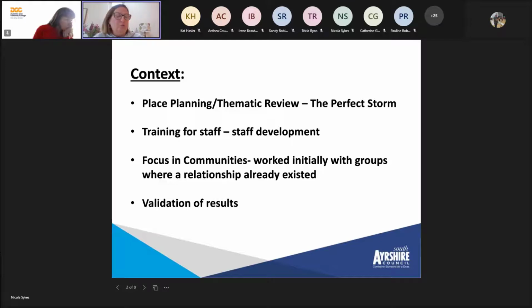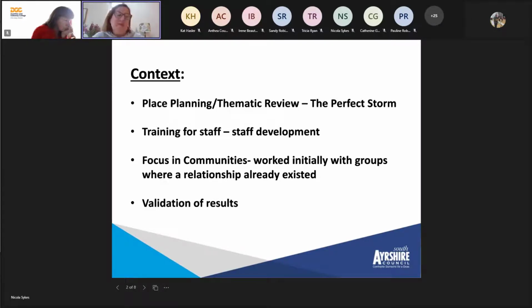Heather is going to focus on a bit of work which happened in Ayr North, but I'm just aware that Alison Wales, who's our CLD team leader for the Girvan area, is also in this call. So although Heather's going to concentrate on Ayr North, a lot of the same work was happening in the Girvan area, and not to put Alison on the spot, but if there are any questions specifically about that, I'm sure she'll be able to pitch in later.